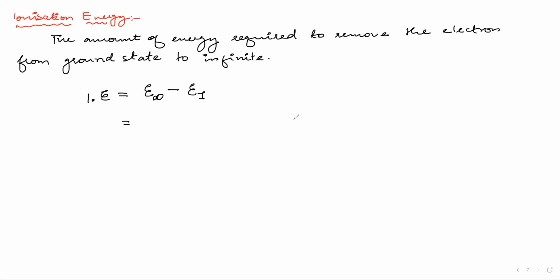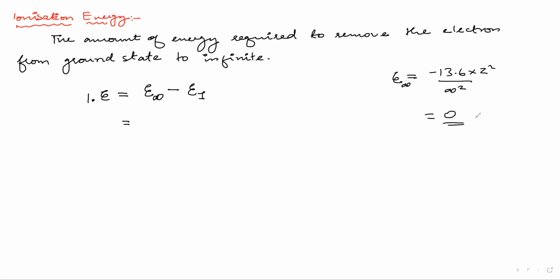It will not attract. Now see, what is the formula for energy? Energy for any orbital is minus 13.6 Z square divided by n square. For infinity, rather than n square, I have to put infinity square. Anything divided by infinity is equal to 0.